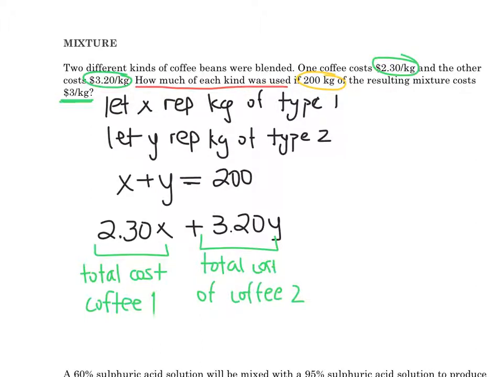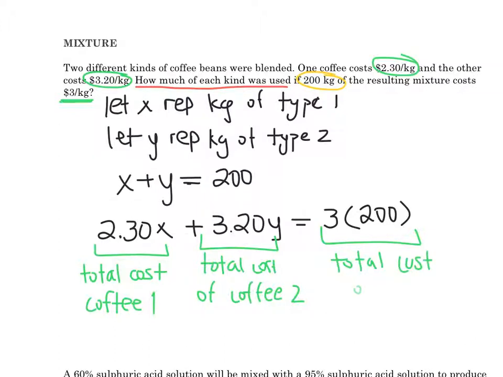When I add that up, that's going to give me the total cost of the entire mixture. That is not just $3. It's $3 for every kilogram, and there are 200 kilograms in total. So we have to multiply 3 by 200 to get the total cost of the mixture.